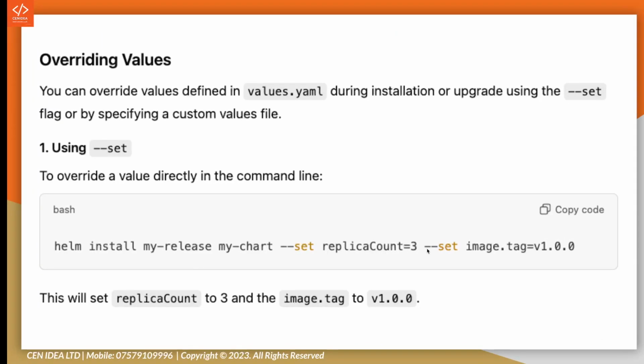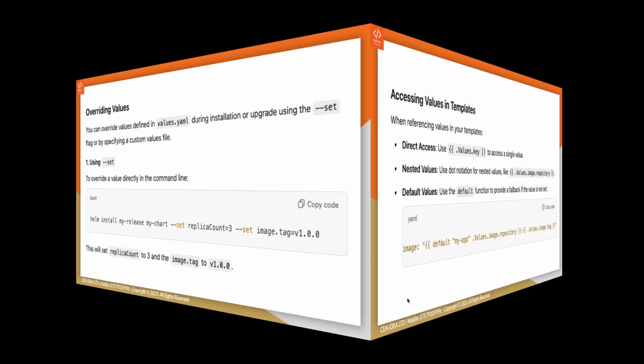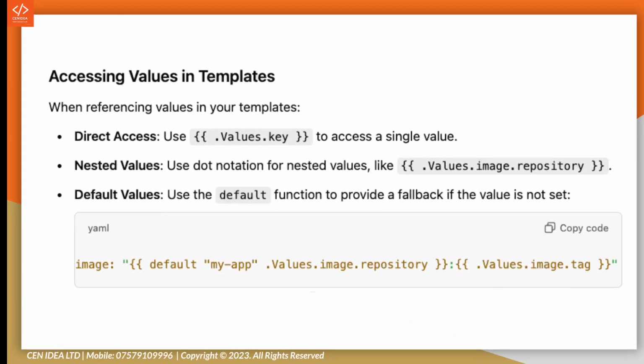That's possible. You can go crazy with this, but I've just done 2 here so you can see that it will work. This will set replicaCount to 3 instead of 2 that it was defaulted to in the values.yaml file, and then image.tag will be set to v1.0.0. So that's how to override things, and it's really a cool feature that is there on a Helm chart.